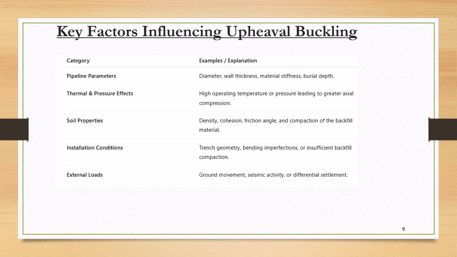As I was showing in the last slide, between the actual pipeline and the soil profile there could be certain gaps. Those gaps help the pipeline to cause upheaval buckling. Those are known as imperfections. So in those imperfection regions the tendency or possibility of upheaval buckling increases.